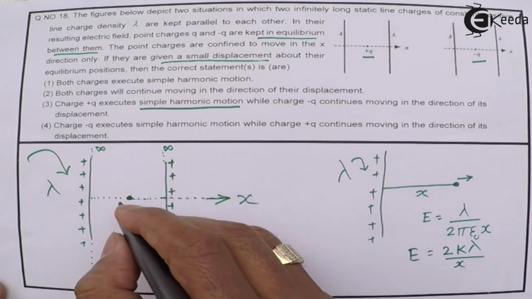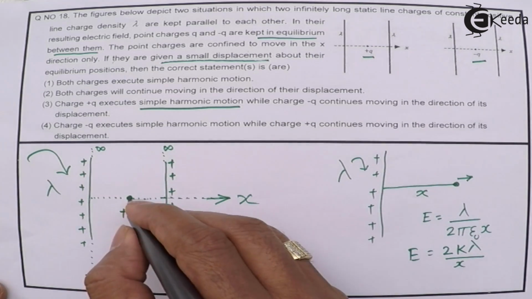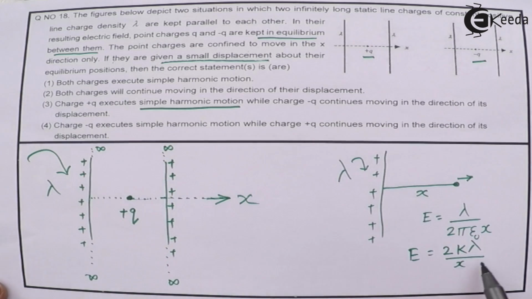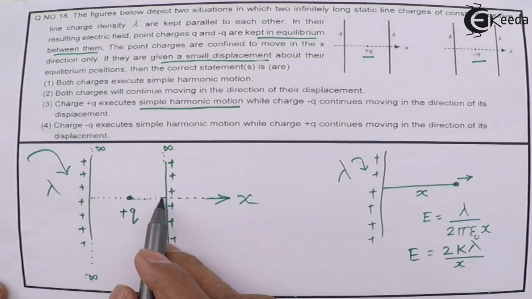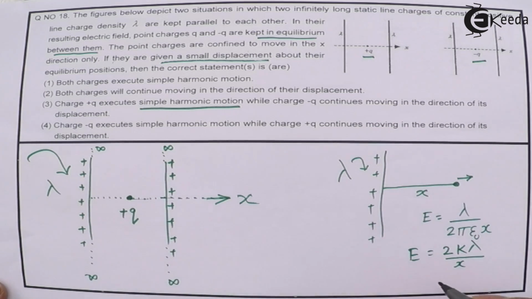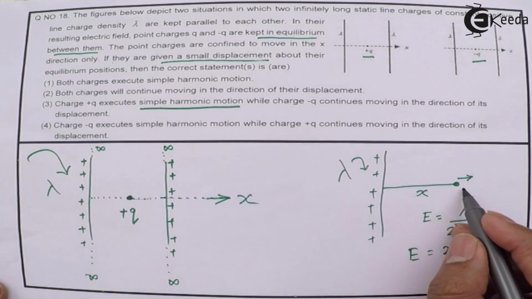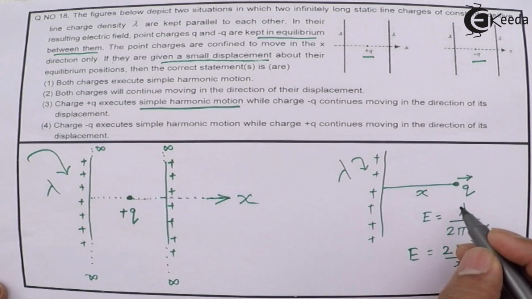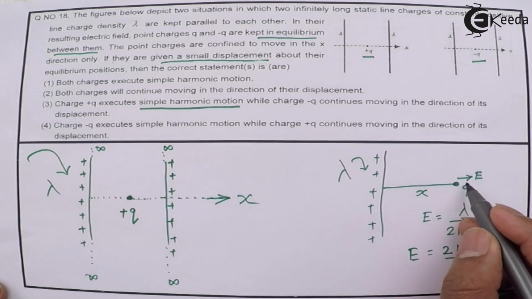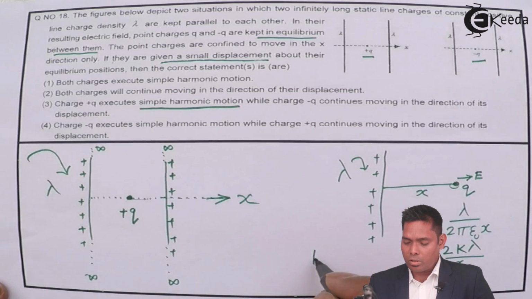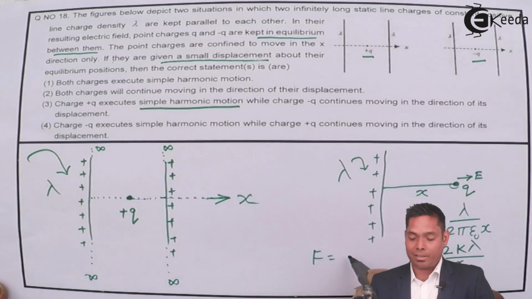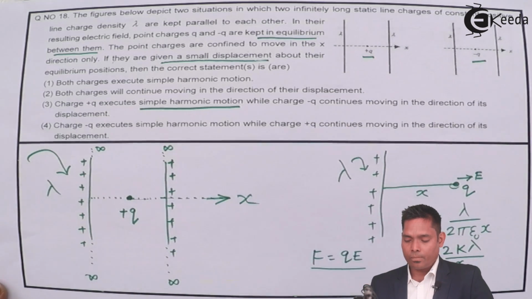Again, if I place a charge q here, this charge will experience an electric field of this value if this distance is x. But in this direction, the force will be, we know that when a charge is placed in an electric field, suppose this charge is q and the electric field it is experiencing is this, then the force on the charge placed in the electric field is given by q into E. This formula you have to use.